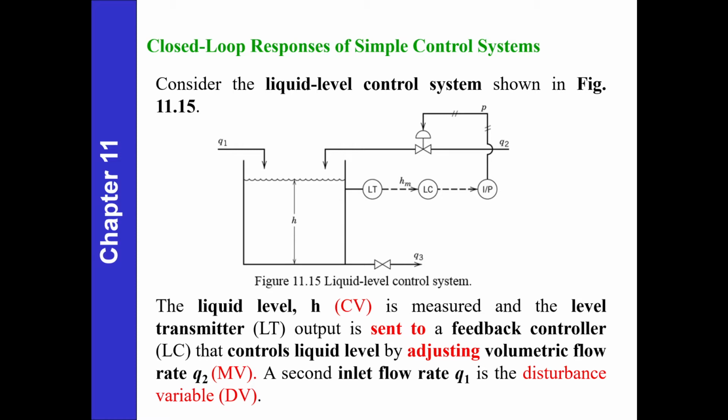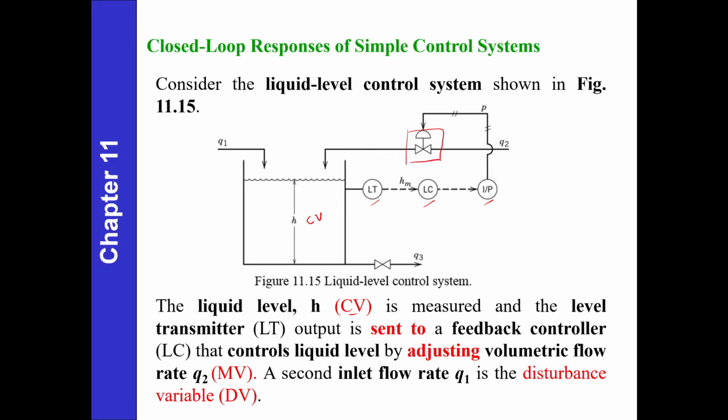This is a liquid level control system whereby the level itself, this H, is the control variable. Then we have a level transmitter here, a level controller, a transducer, and then our control valve here.